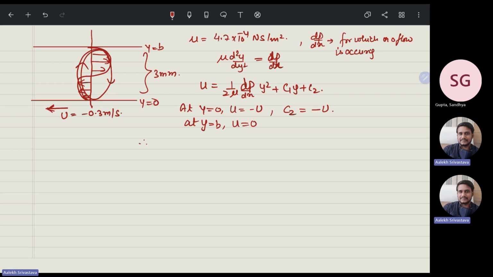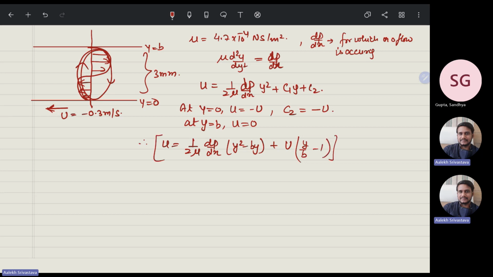Therefore, the final velocity component is u is equal to 1 by 2 mu dp by dx into y square minus by plus U into y by b minus 1. So this is the velocity profile.